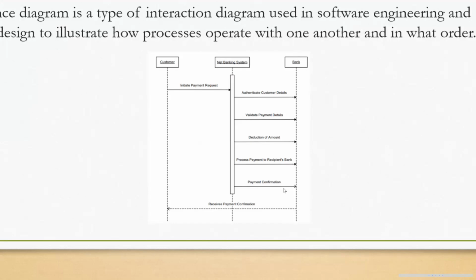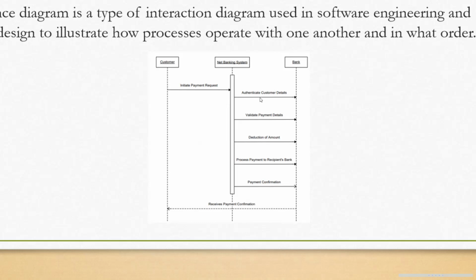The payment confirmation happens, and the bank sends the payment confirmation to the customer. This is how the sequence diagram is drawn, showing what runs in the back end.